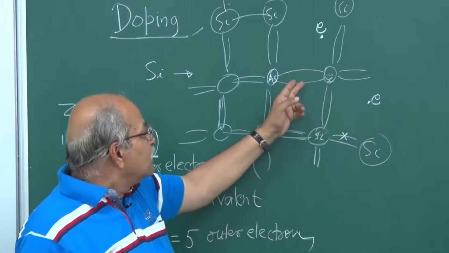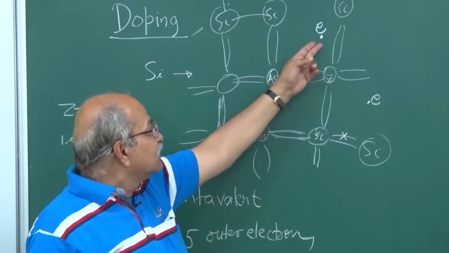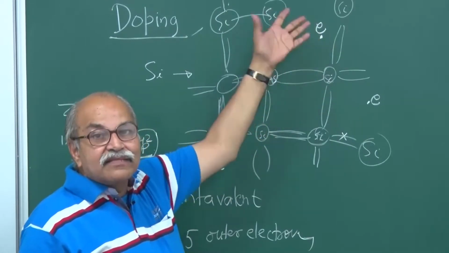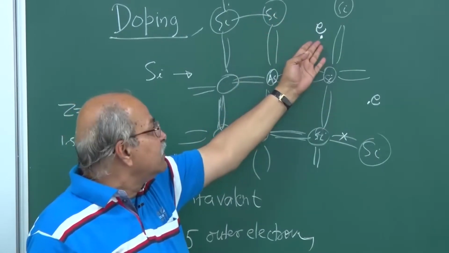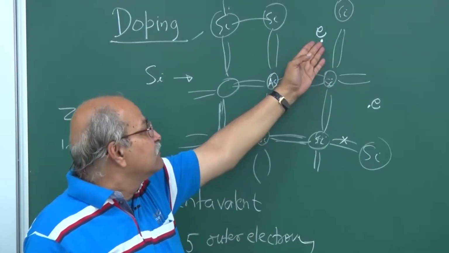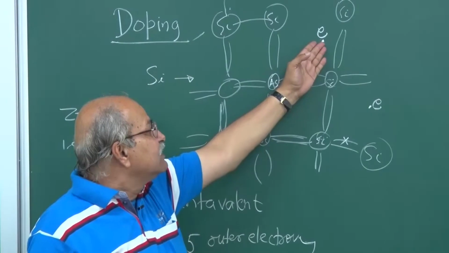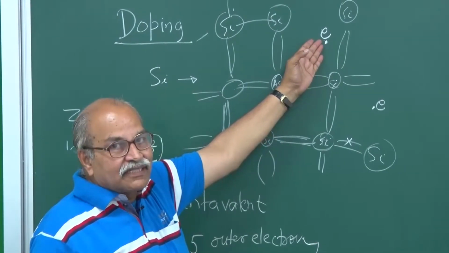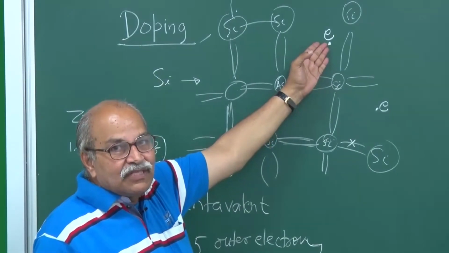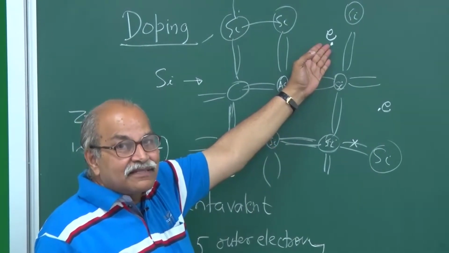Here the bond is not broken, but there is an extra electron outside the bonds. Now this is a new energy level. The energy levels which are created, in which these electrons are there to start with, are different energy levels which we call impurity energy levels.